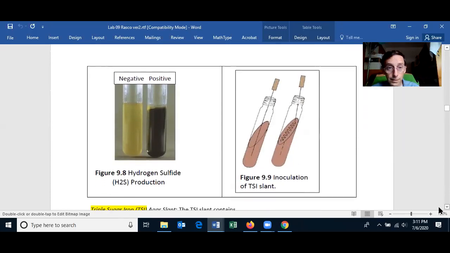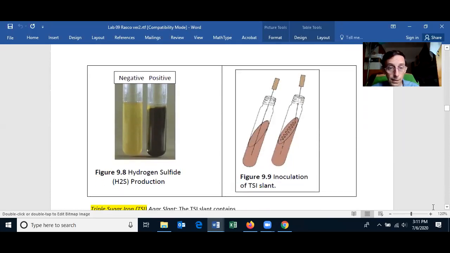This is looking at triple sugar iron. I think maybe that's a SIM test. Yeah, I think this is a SIM test because that's going across. You stab the bacteria into the tube, and you notice how there's no black on the top of the tube.